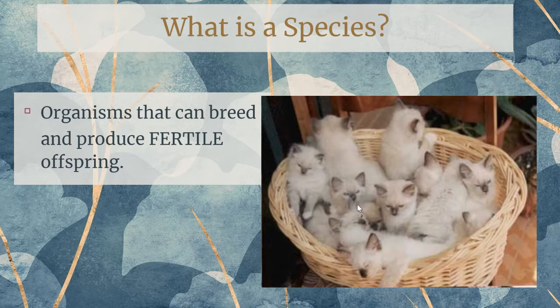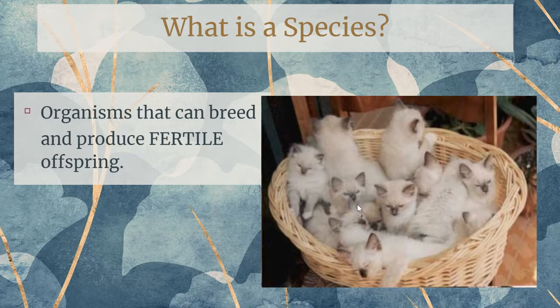But those offspring, if they're sterile, that means those offspring are not of the same species. So we know, for instance, that a horse and a donkey can cross with each other to have a mule. Mules can't have baby mules. Mules are sterile, not fertile. So that's how a horse and a donkey are not of the same species.